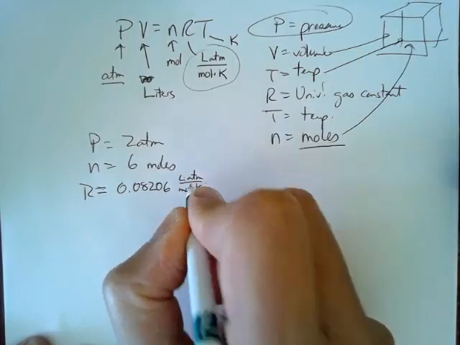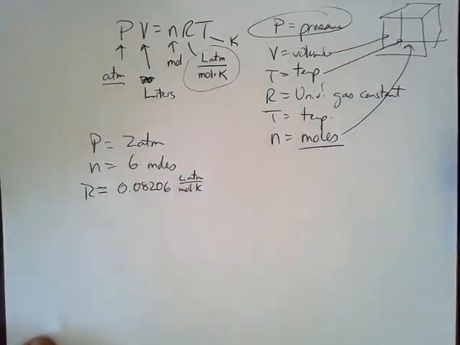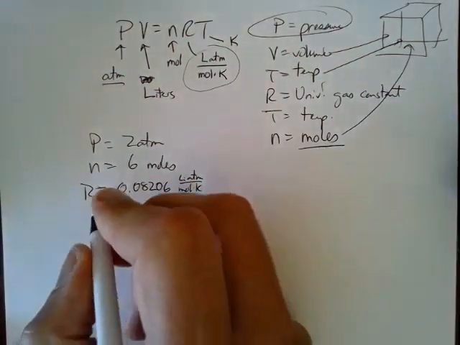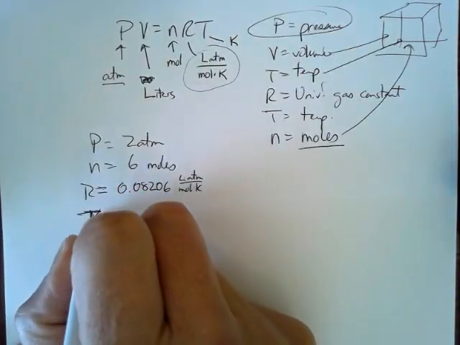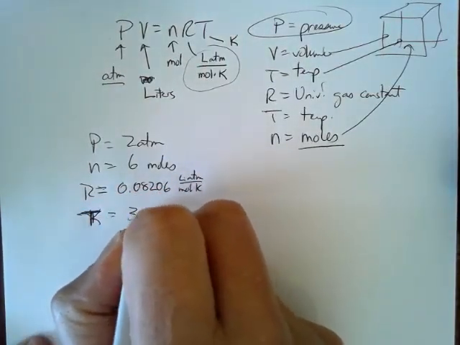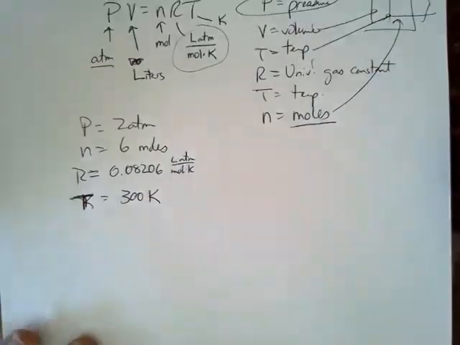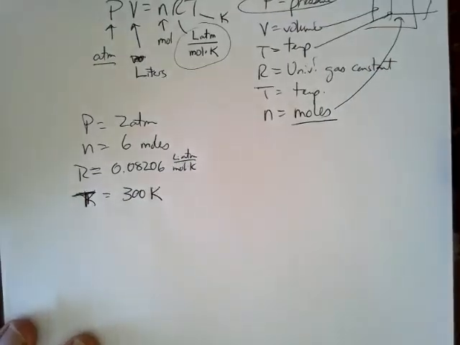So this is liters times atmospheres divided by moles times Kelvin. And temperature, let's say, is 300 Kelvin. If you're not familiar with the Kelvin scale, don't worry about it. It's just a different temperature scale. We're used to the Fahrenheit scale, but we often use Kelvin in chemistry because it's a more absolute scale.